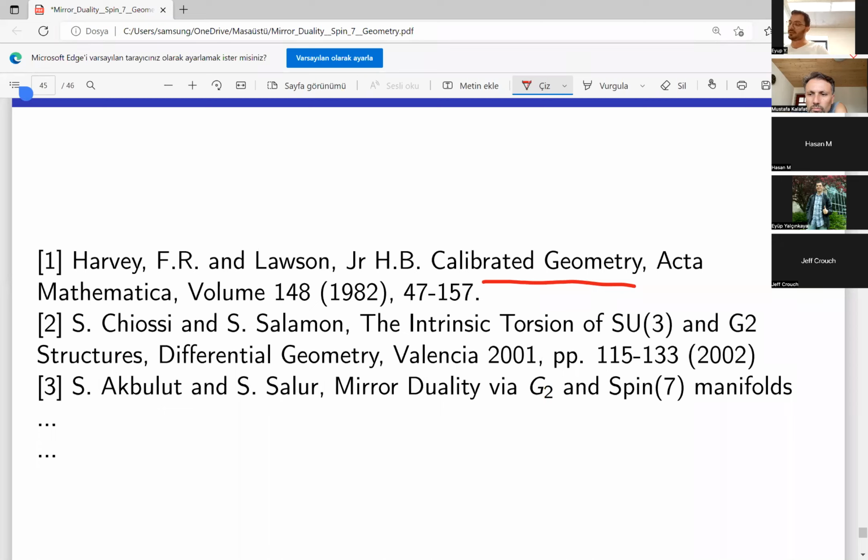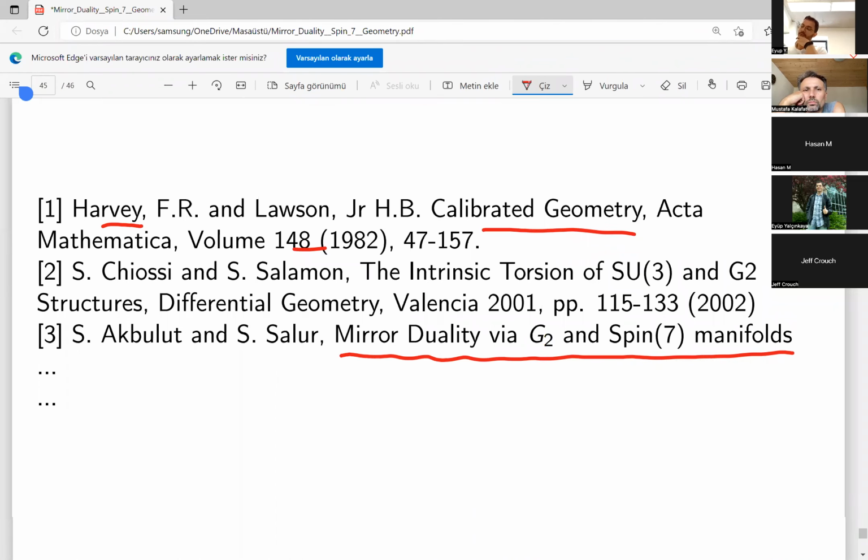Everything starts with these papers, and I used many different articles, but my theory is a generalization of this one, mirror duality via G2 and spin 7 manifolds. You can check other papers, and you can write an email about this topic. You can look at another paper.